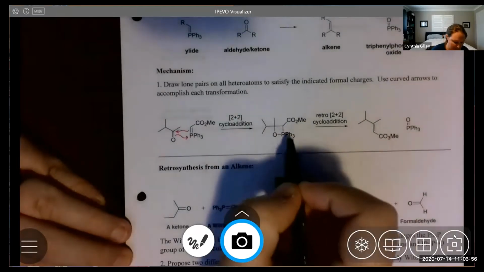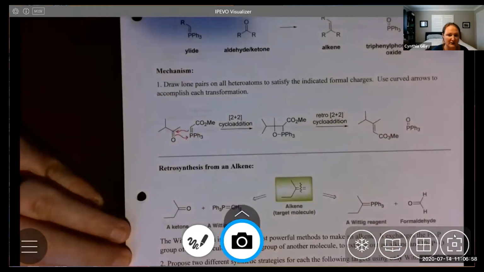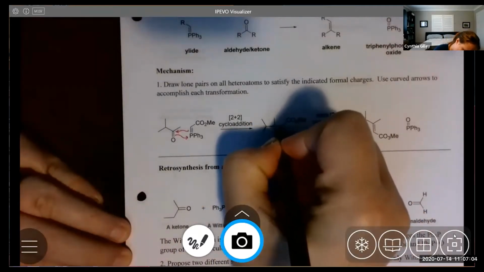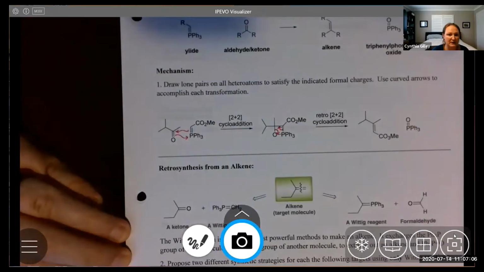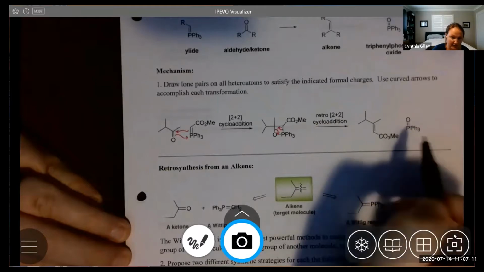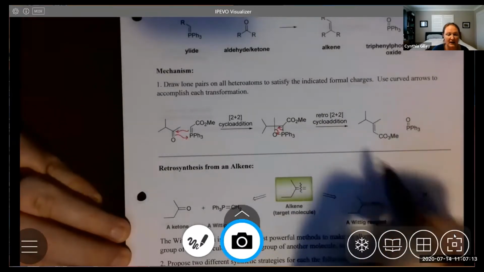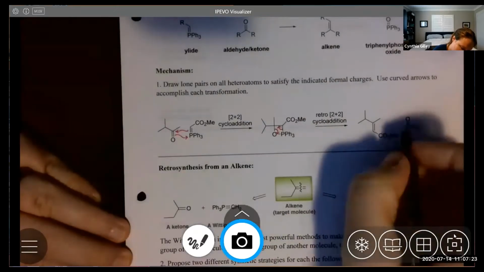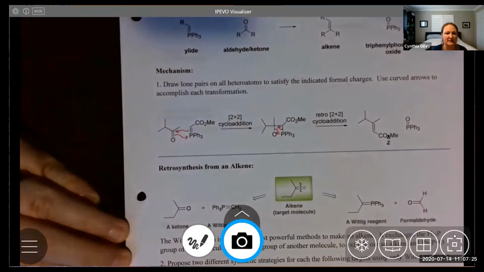That forms this four-membered ring, which is a high energy intermediate that will immediately decompose in a retro 2+2, forming triphenyl phosphine oxide and our new carbon-carbon double bond. And this is an error. Notice that it says CO3 methyl, but that doesn't make sense.